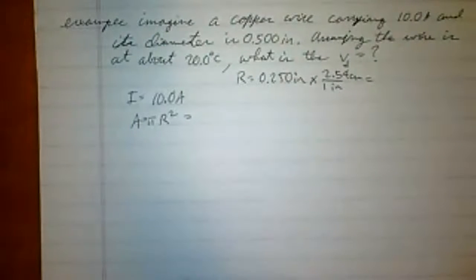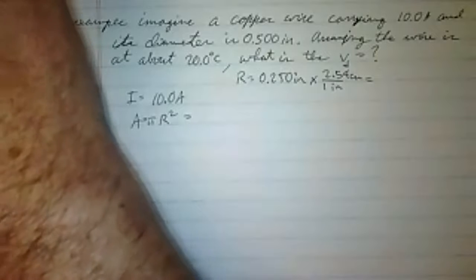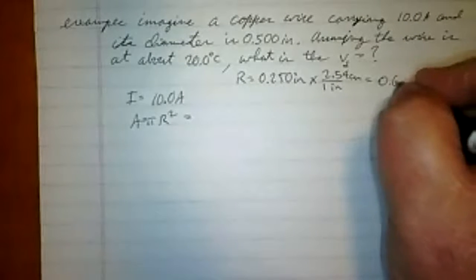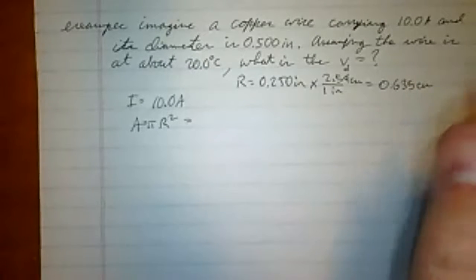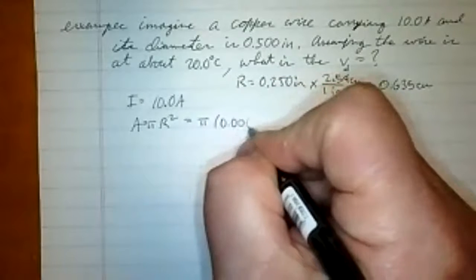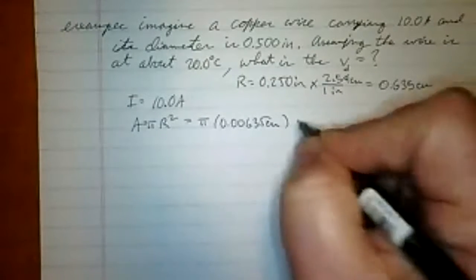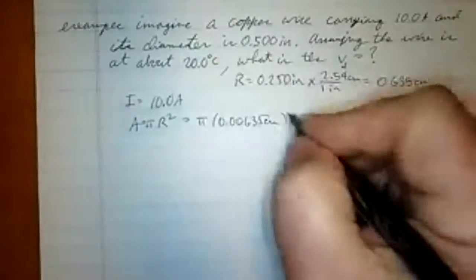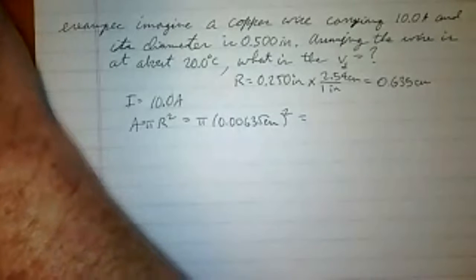So 2.54 times 0.25 gives me 0.635 centimeters, which I actually have to convert to meters anyways. So I'm going to say this is pi times 0.00635 meters, squared, times 3.14159.